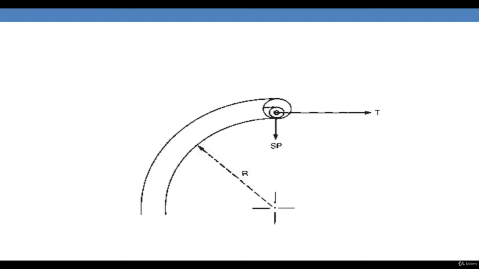Let me show you the sidewall bearing pressure over here. Over here we have a bend in the cable, and during the bend the cable will have a bending pressure. At this point the cable will be touching the inside of the conduit and there will be a pressure applied onto the conduit.